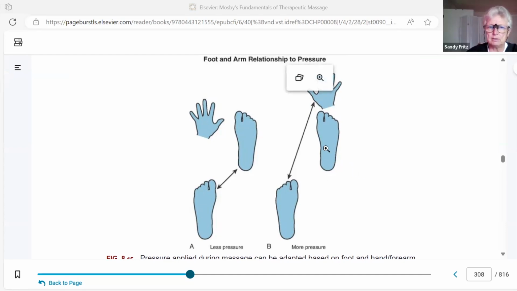So then you need to either use this foot to push you back to start over, or to start to take a step and move.